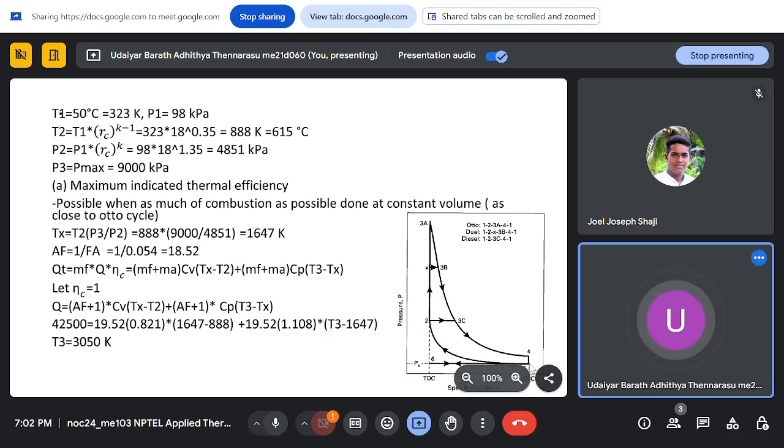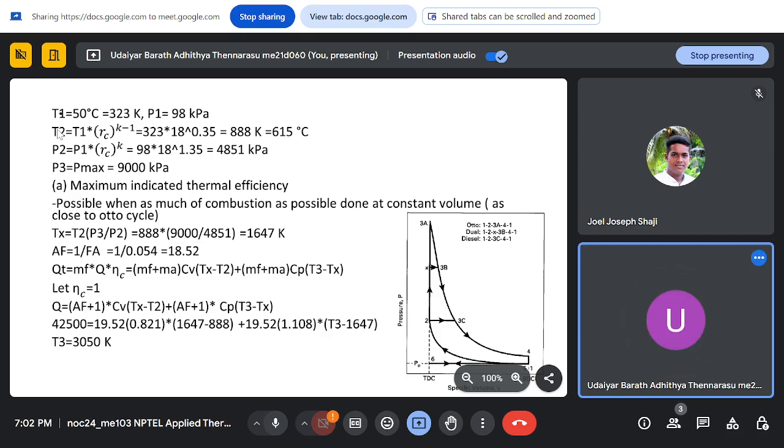We know inlet condition 1, so we'll find out state 2. State 2 is reached by a reversible adiabatic process. Just like how we solved the previous two problems, we will solve similarly. T2 is T1 into V1 by V2 raised to gamma minus 1.